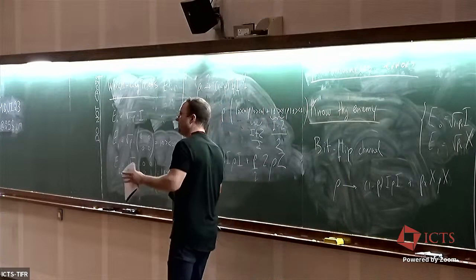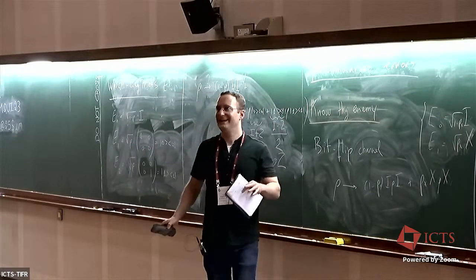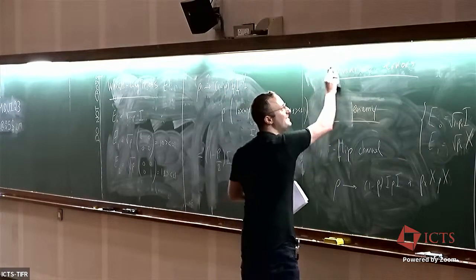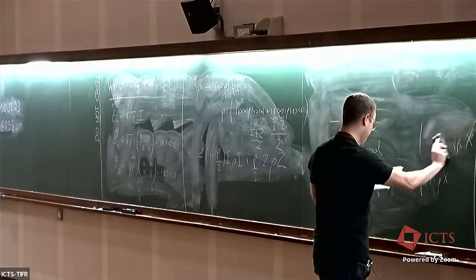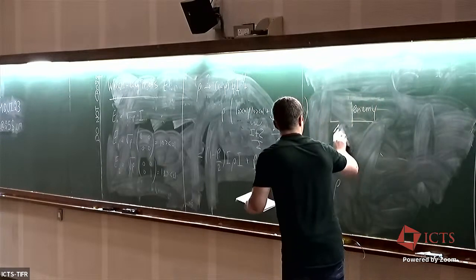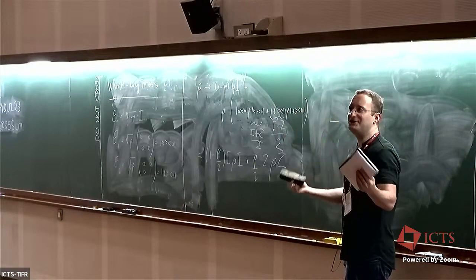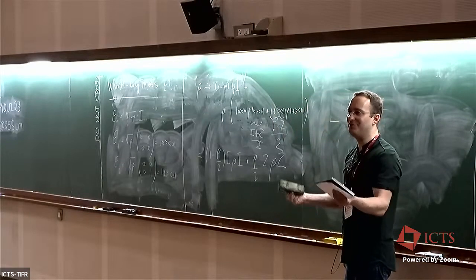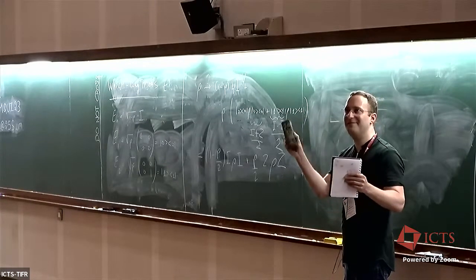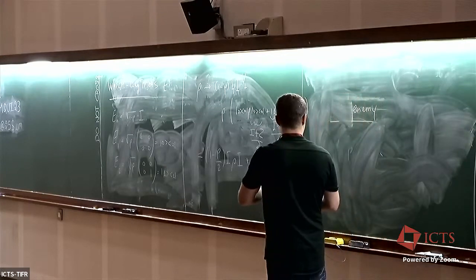The environment is something entirely different to your system, and yet effectively on the system, it looks identical to the phase flip channel. The intuition is that both these channels destroy the phase. If you measure a superposition, you destroy the coherent superposition, you destroy the phase. And if you apply a random Z flip, you also destroy the phase. So it shouldn't be too surprising.